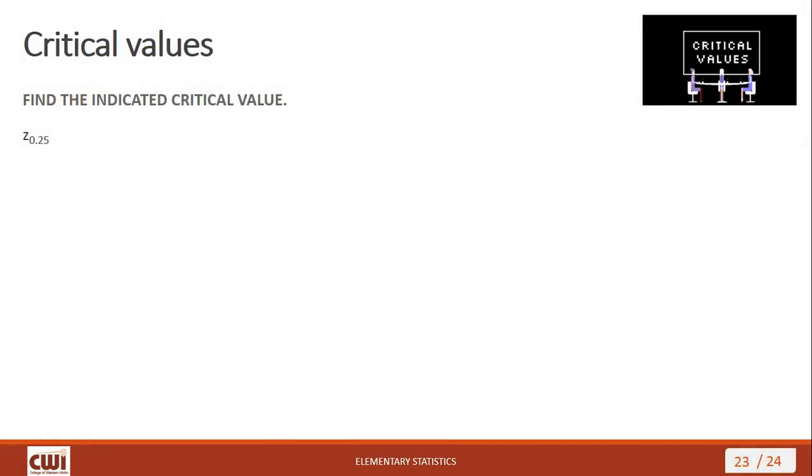Let's use what we've learned along with StatCrunch to figure out what is the critical value that is indicated to us. So here we have a z-score of 0.25. So we want to find out what this is equal to. That means we're looking for the z-score that has an area of 25% to its right.